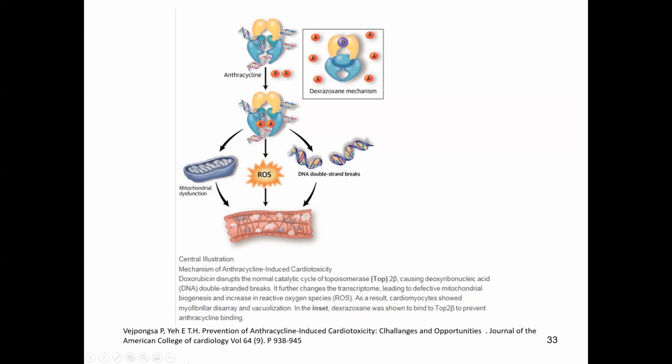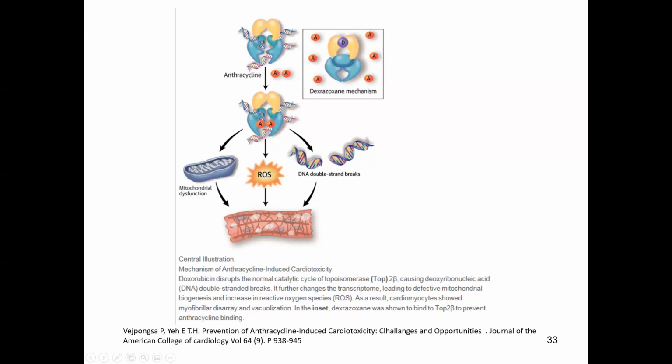So in humans, there are two types of topoisomerase 2, an alpha and a beta. Alpha is found predominantly in proliferating cells and required for DNA replication, and this is really the basis of the anthracycline efficacy, the tumoricidal activity. Topo 2 beta is found in quiescent cells, including cardiomyocytes, and this is thought to be the cause of the cardiotoxicities.